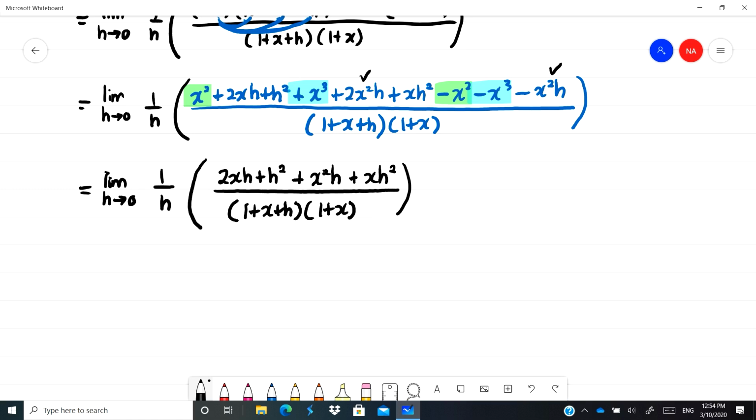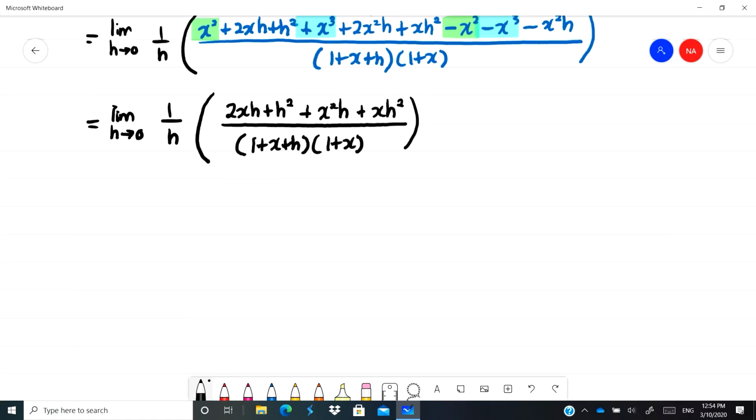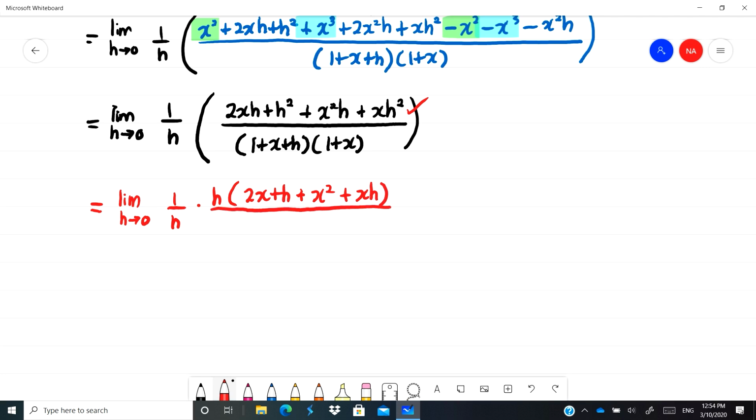Now the next step is factorizing the h. So we'll have limit as h approaching 0 of 1 over h. I'm factorizing the numerator, so I'll have h times (2x plus h plus x squared plus xh), and the denominator is copied without changing anything, 1 plus x.